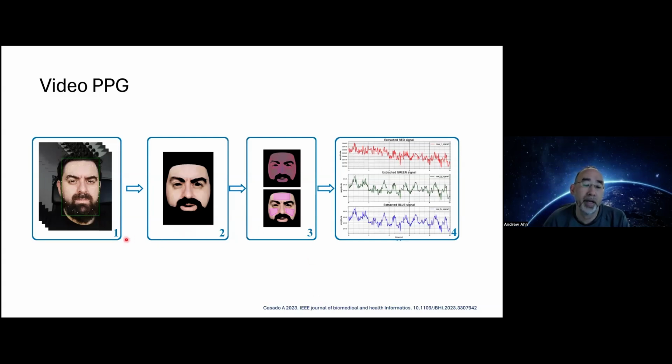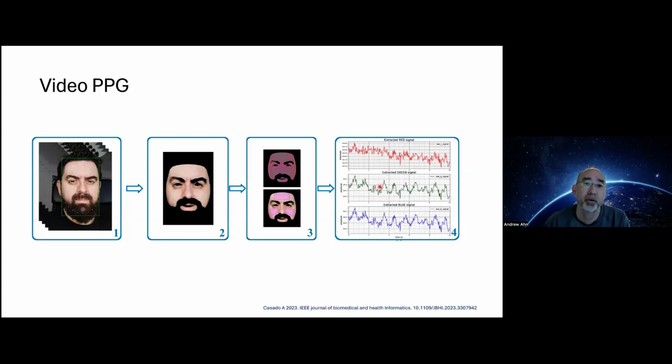And what I did at that time, I think this was almost 10 years ago, I assessed the levels of red, green, and blue components of each of the pixels and averaged them in certain zones. And to my surprise, I found that the signals that you got from the red light were really diminished compared to the green and the blue light. And that's simply because I just didn't know the biophysics behind PPG until more recently.